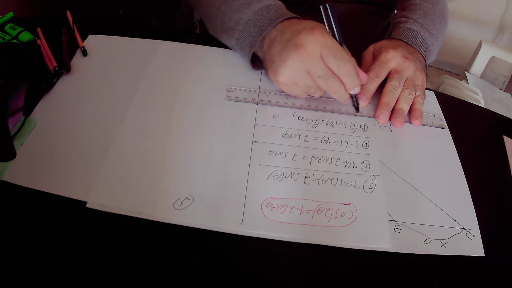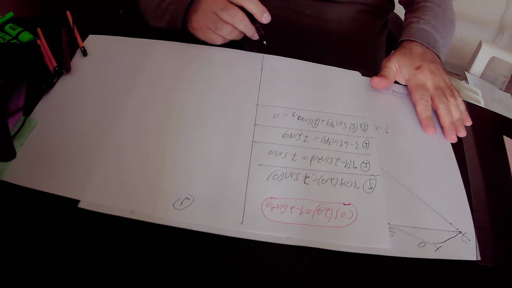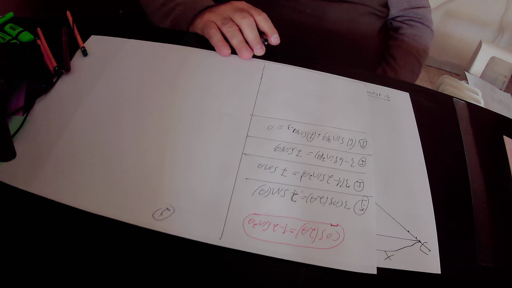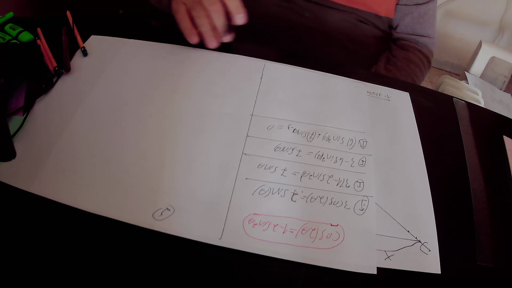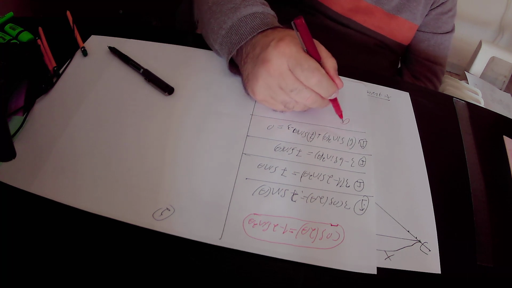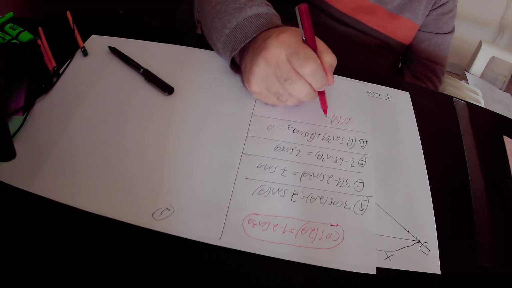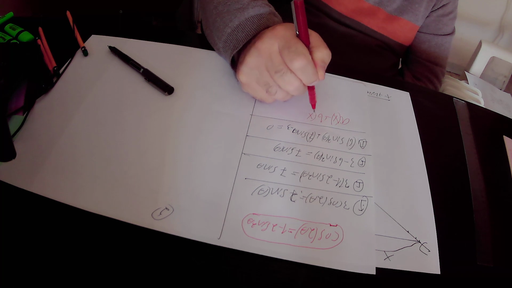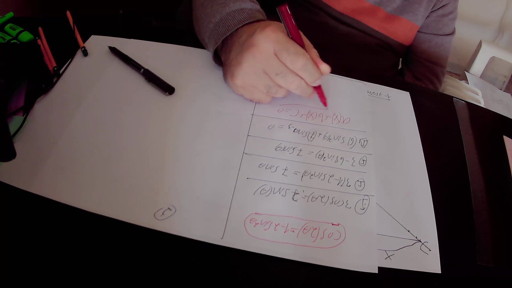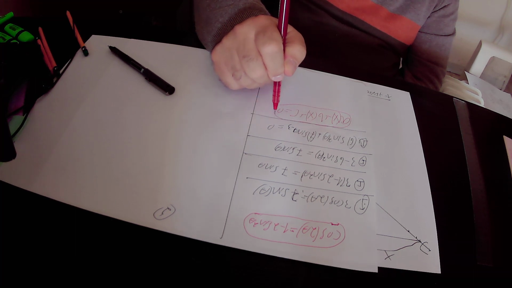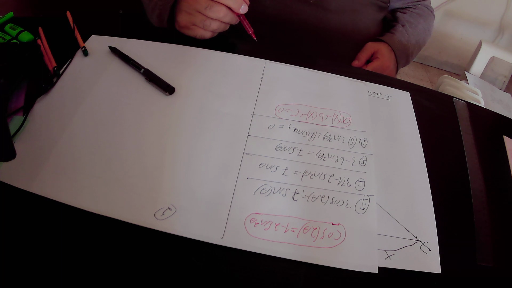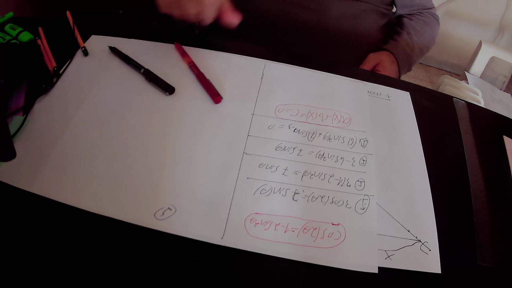Actually, here we have a quadratic equation, and the general formula for a quadratic equation is ax squared plus bx plus c equals 0. Here a, b, and c are the coefficients of the quadratic equation, and x is the variable that we are looking for.